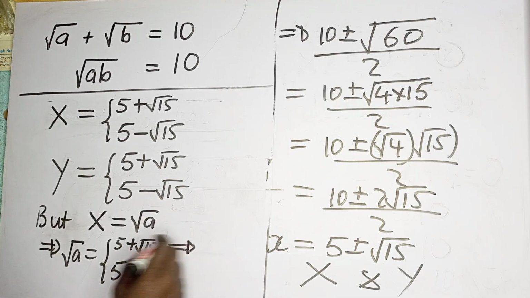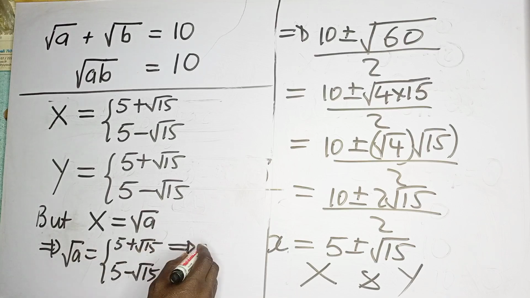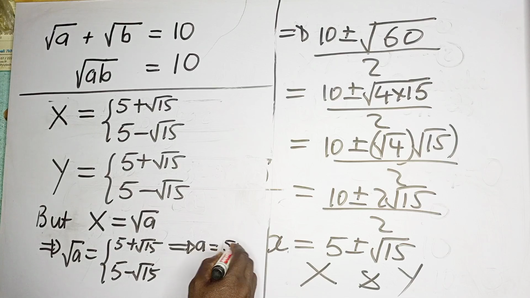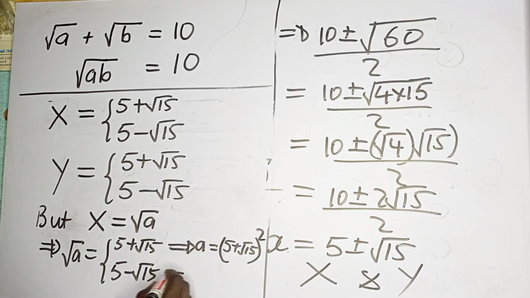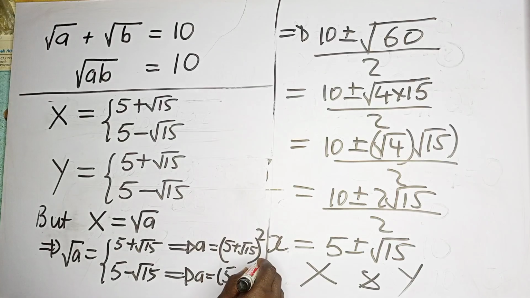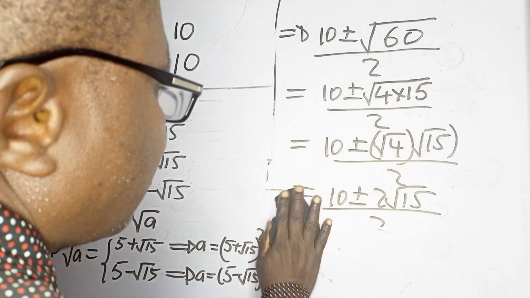Now if we square both sides, this implies A is equal to 5 plus root 15, all squared. This also implies A will be 5 minus root 15, all of that squared. So these are the two possible values of A. Now, what about Y? Y will also be the same thing.